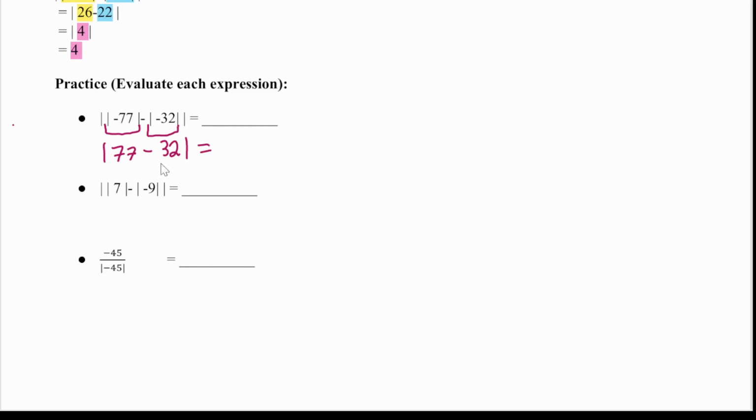Then I'm going to actually do 77 minus 32, and if I'm feeling a little lazy, I'll just do that off to the side rather than doing that in my head. 7 minus 2 gets us 5. 7 minus 3 gets us 4. That boils down to the absolute value of positive 45. Absolute value of positive 45 is 45 as our final answer, because 45 is 45 away from 0.